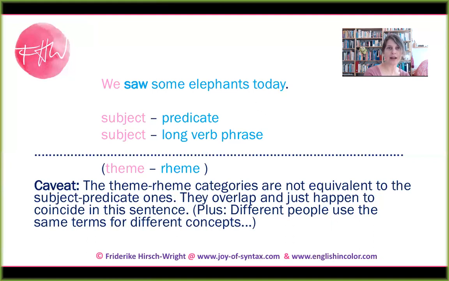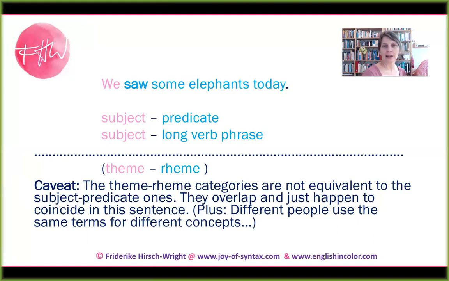Now you will also hear theme rime. There are several schools of thought or philosophy or of linguistics who use the theme rime dichotomy. Careful here. In this particular sentence, we saw some elephants today. The theme is identical with the subject and the rime is identical with the predicate, but the theme rime categorization is not the same as the subject-predicate categorization, and they don't always overlap. They happen to overlap in this sentence, and I don't want to get into theme-rheme analysis.